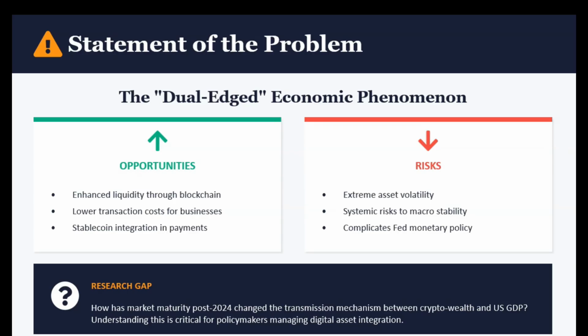What is your colleague trying to solve? What is the research gap? How were the markets? Volatility causes changes in business. Transmission mechanism, so risk and reverse differences. Understanding this is critical for policymakers managing this asset integration.